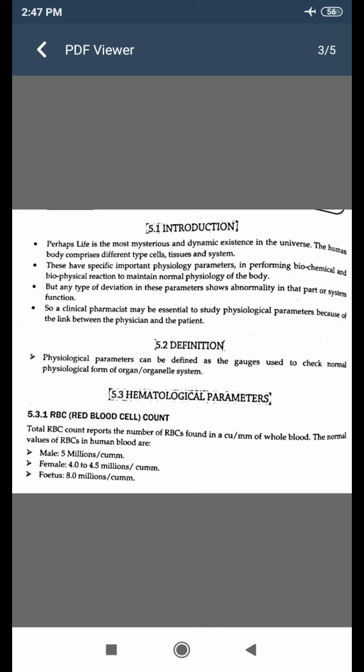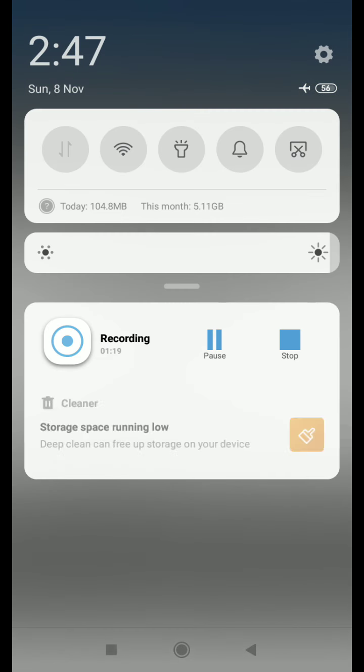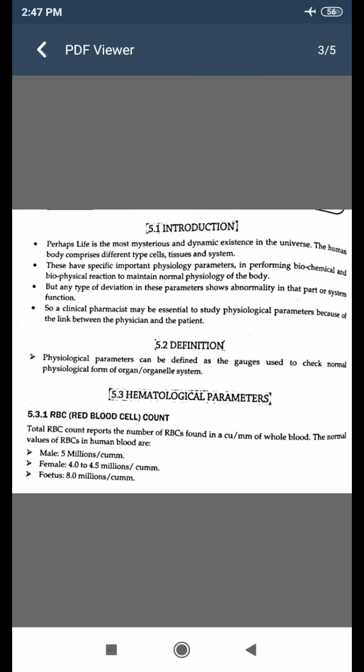But any deviation in these parameters shows abnormality in that part or system function. So a clinical pharmacist may need to study physiological parameters because of the link between the physician and the patient.